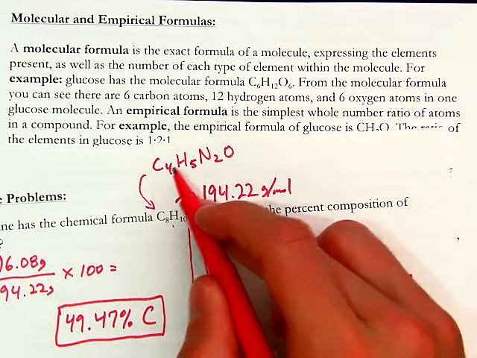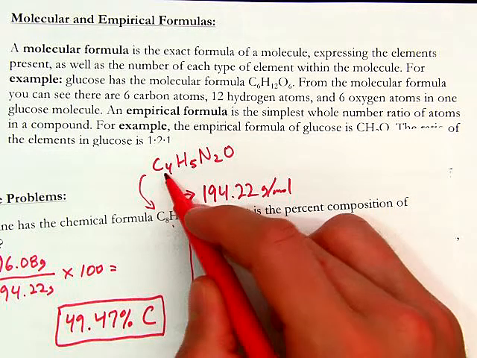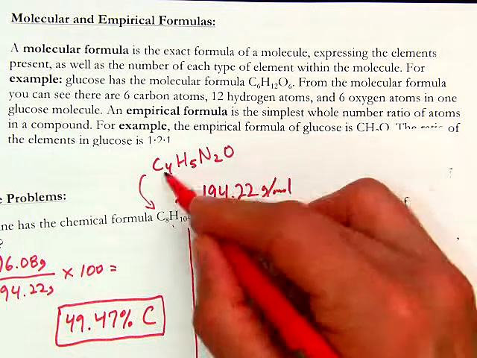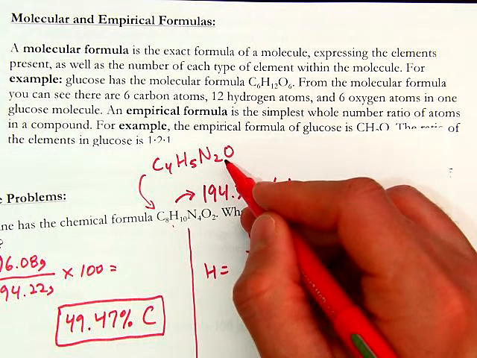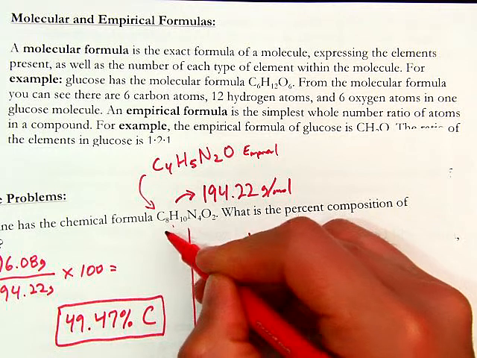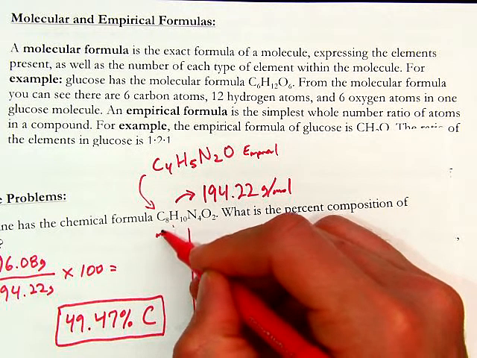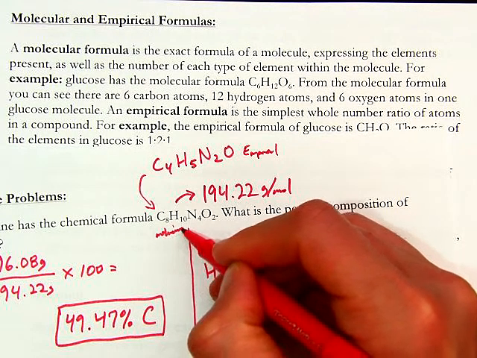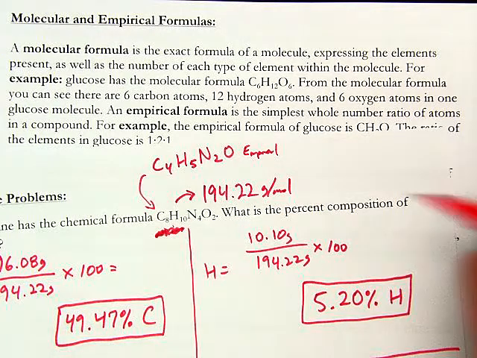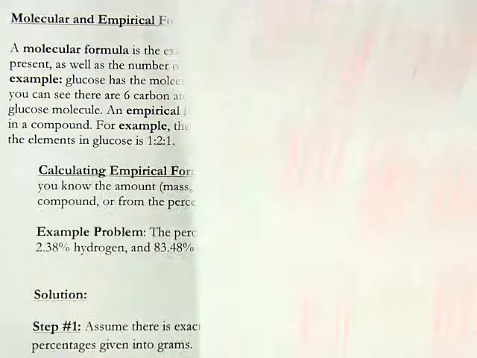So the relative amounts, the ratio of each, is the same, but we've reduced it to the simplest, smallest whole numbers. So this would be the empirical formula, and this is the molecular. You can't read that, but that says molecular. Okay, that's the molecular formula. Sorry about that.